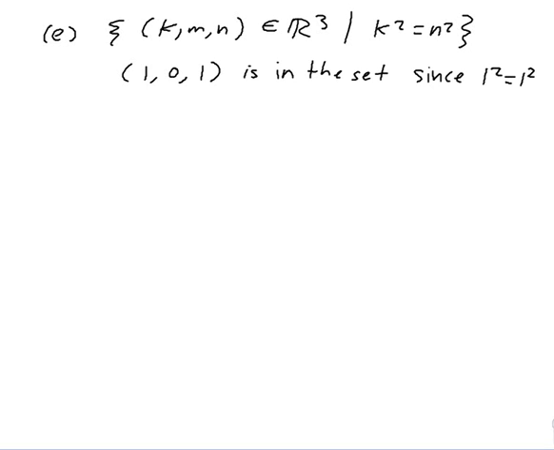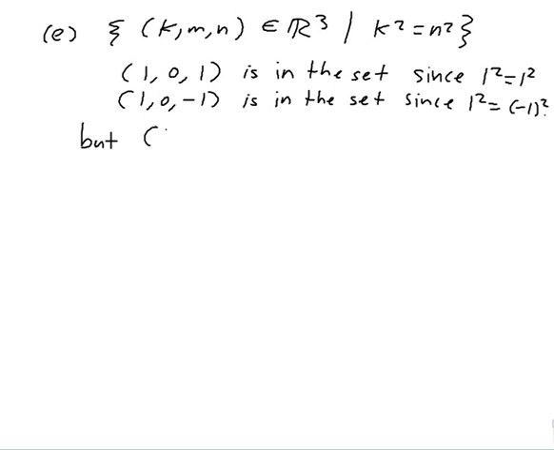And 1, 0, minus 1 would be in the set too, since 1 squared is minus 1 squared. But when I add them together, I get 2, 0, 0. And 2 squared is not 0 squared, so that's not in the set anymore.